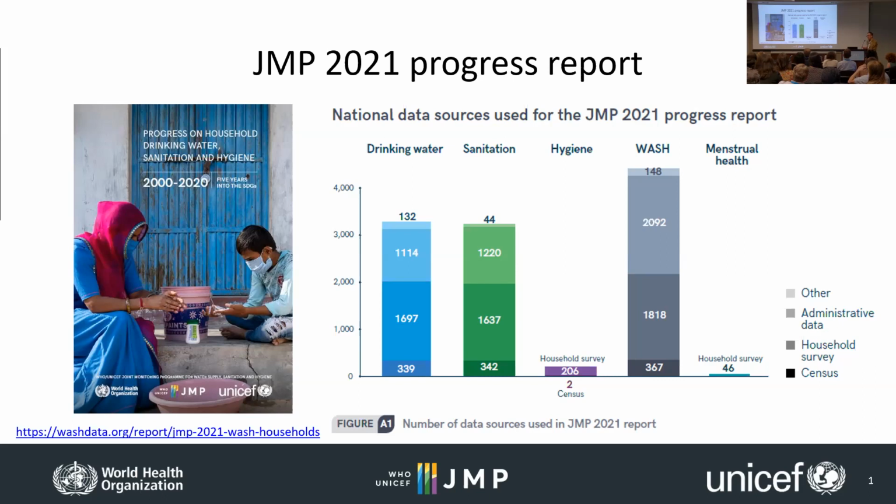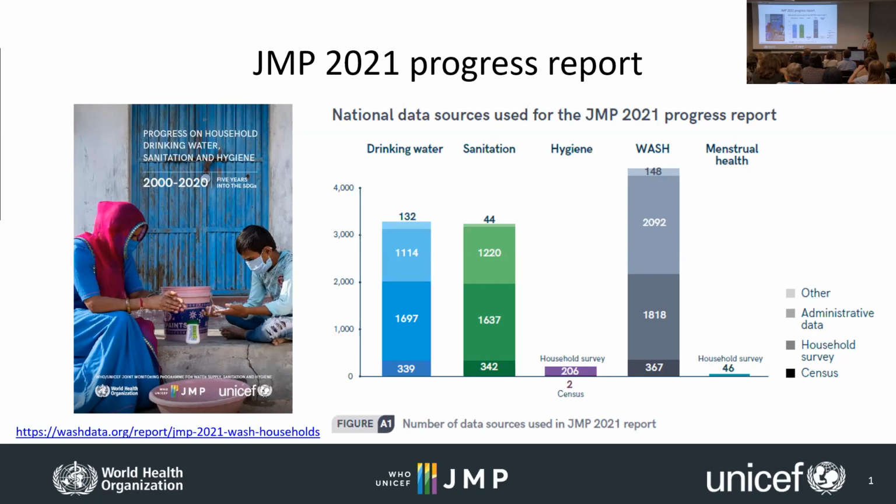I call them estimates because they draw on multiple sources of data, and we put them into a very simple linear regression model, no machine learning, no artificial intelligence, just a simple linear regression model to produce estimates for all years. Hygiene and menstrual health, you can see, have far fewer data sources. Those ones come only from household surveys.